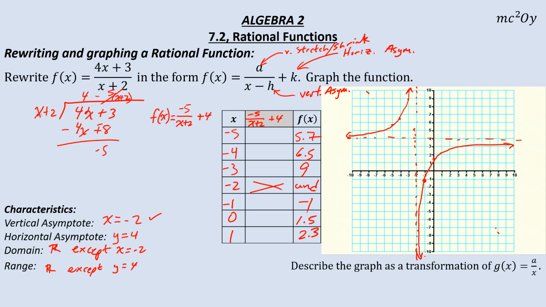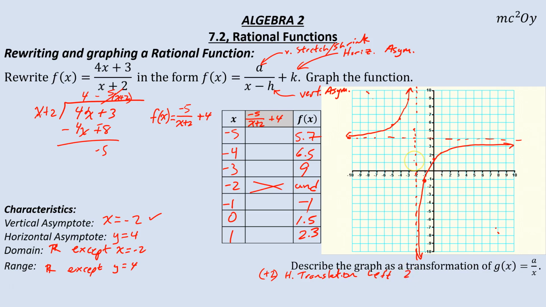And we describe it. The negative is a vertical... You know what, actually, we should always start with our horizontal translation. So we've got the +2, which is a horizontal translation left 2.